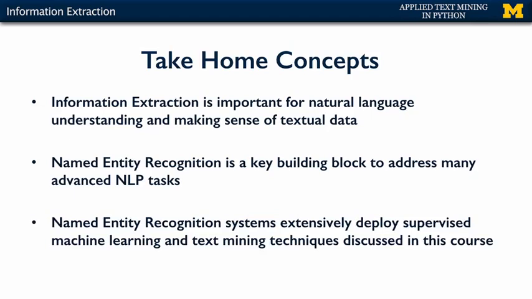And named entity recognition systems use the supervised machine learning approaches and text mining approaches that we have discussed in the course. So for example, if the entity that you need to recognize is a date, you typically use regular expressions that we talked about in week 1.